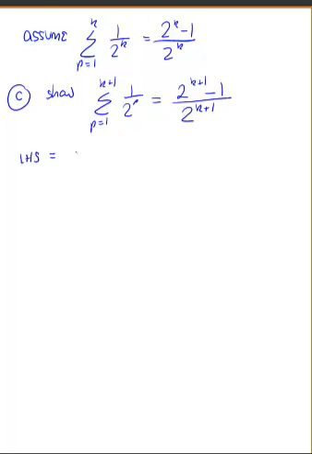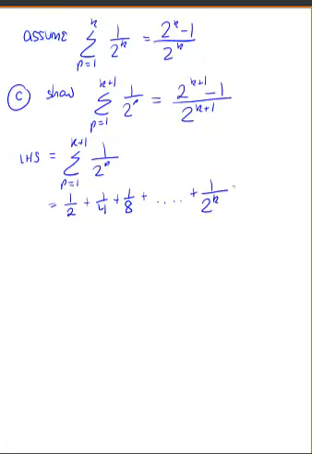Let's look at our left hand side. Now, that's simply 1 over 2 plus 1 over 4 plus 1 over 8 plus up to 1 over 2 to the k plus 1 over 2 to the k plus 1, if I expanded it out.